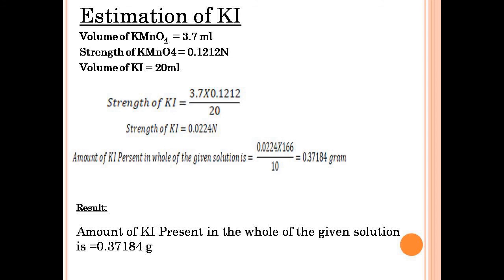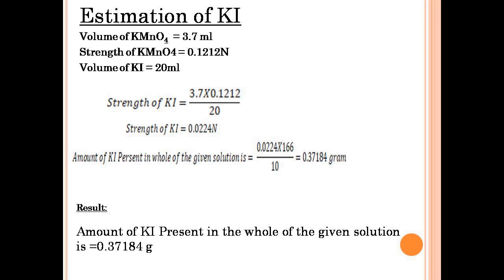In the second titration between potassium permanganate and potassium iodide, the volume of potassium permanganate required for complete oxidation of the given potassium iodide is 3.7 ml. It is observed from the second derivative graph. The strength of KMnO4, as already calculated, is 0.1212 normal.